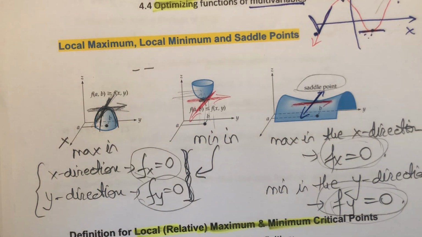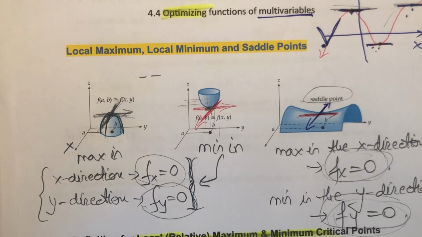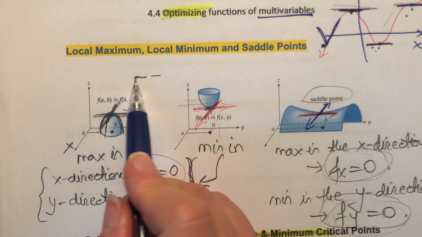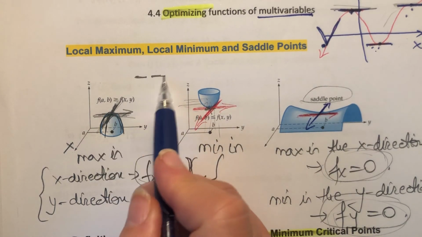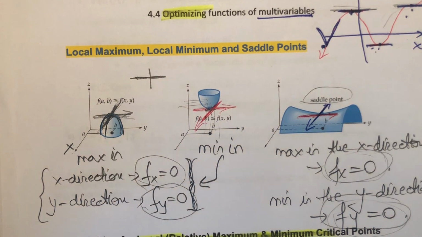That D value multiplies the fxx and fyy. So that's why if you have a positive D, that could be because in both directions you have a max. So then we don't need to look at both fxx and fyy. If it's a max one way, it's a max the other way.